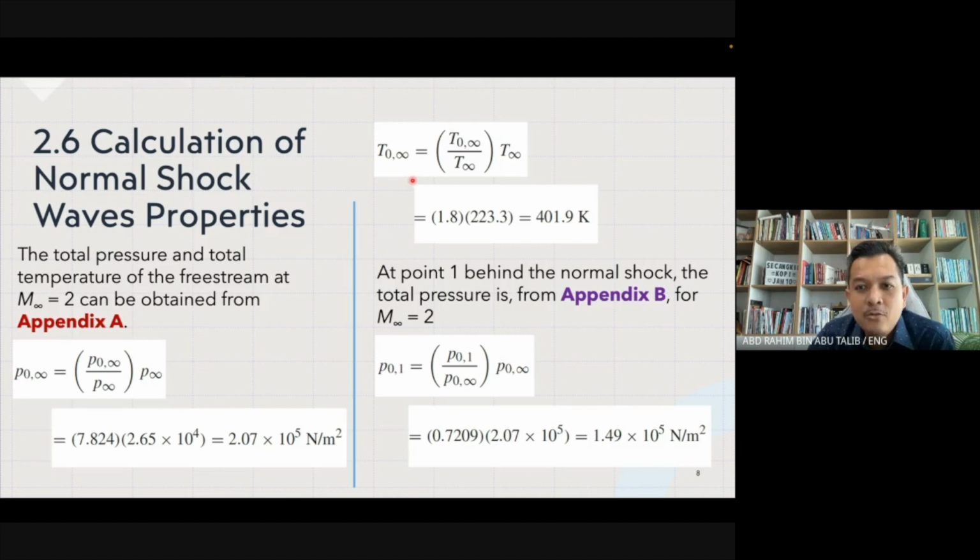Then you can obtain the value of the total temperature T0 free stream.